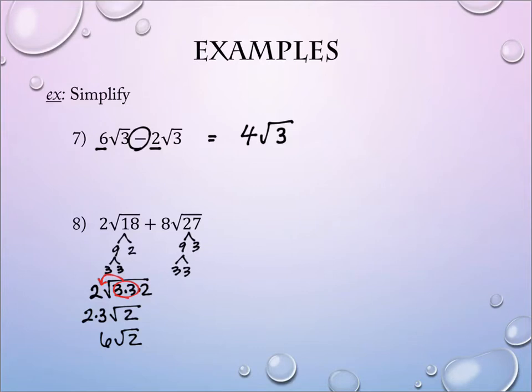Okay, there's already an 8 on the outside, so this is plus the 8. And now I have 3, 3, and 3 all underneath the radical. So I have 1 pair of 3s. So that 3 will come out, and I have a 3 that's still underneath. What is 8 times 3? 24, and then I have square root of 3.